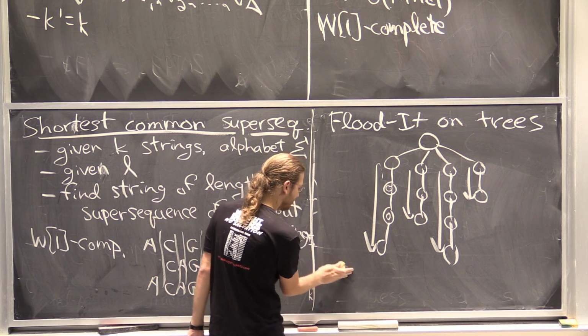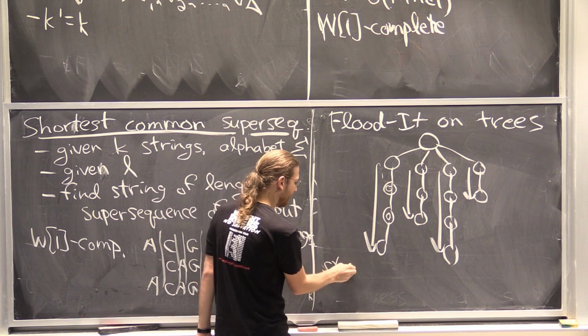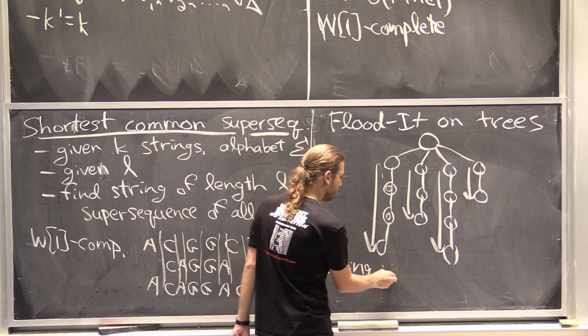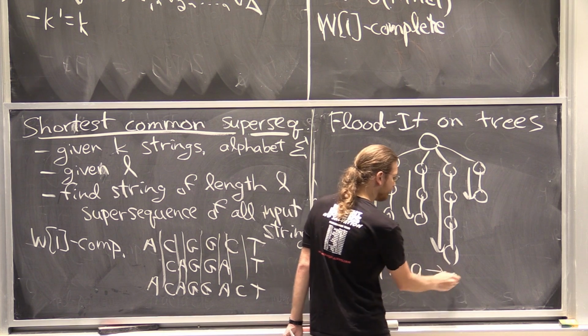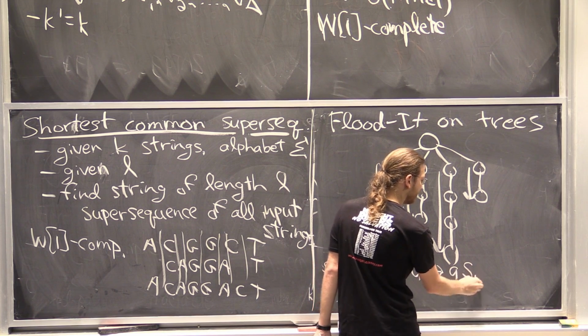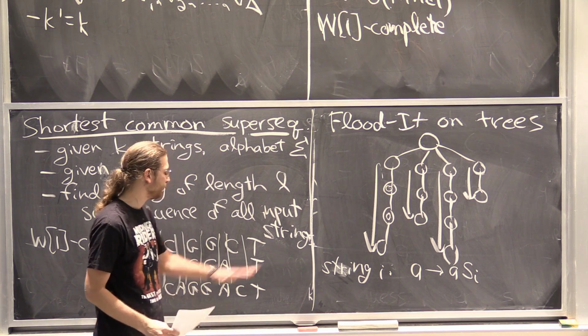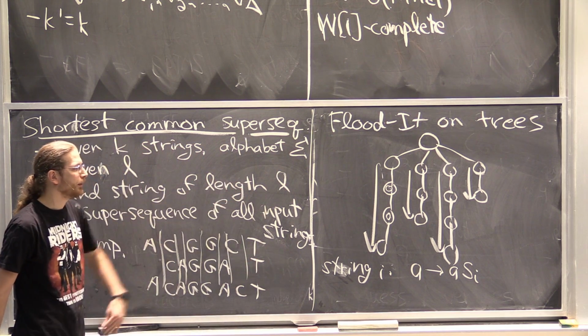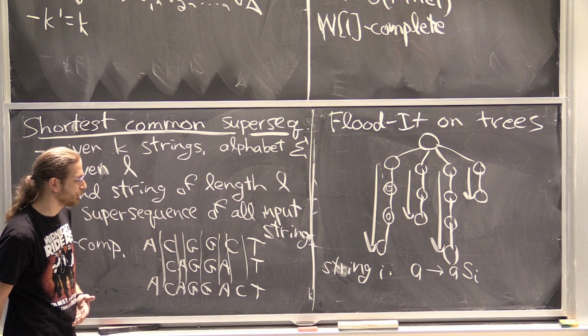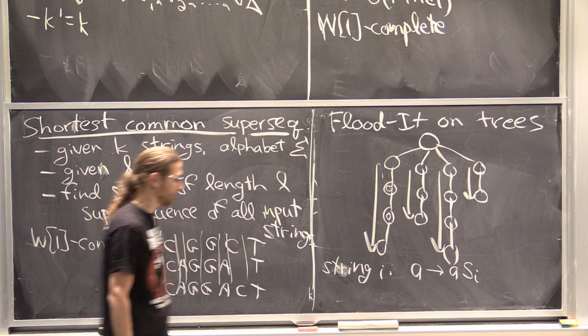So let's say in string i, we map every letter a to a followed by a special character for that string. And so this blows things up. In particular, it blows up L. L grows by a factor of the total length of all strings because of all these things that we add.